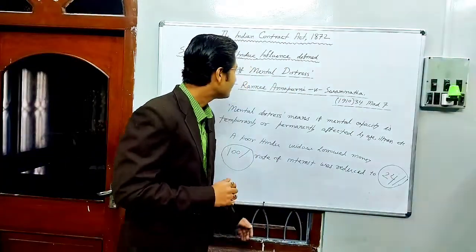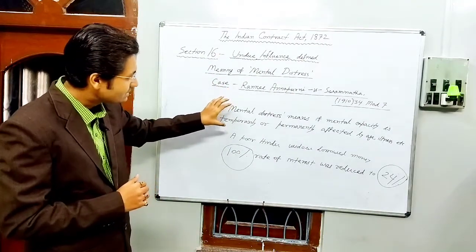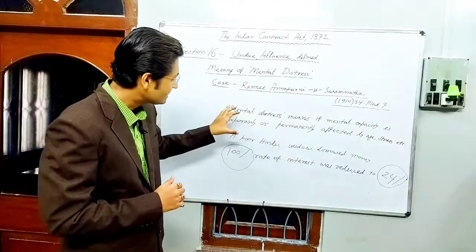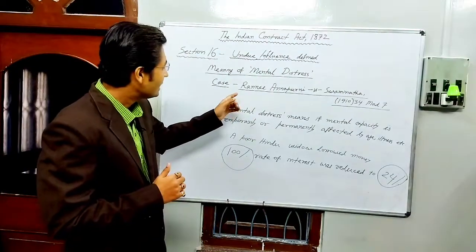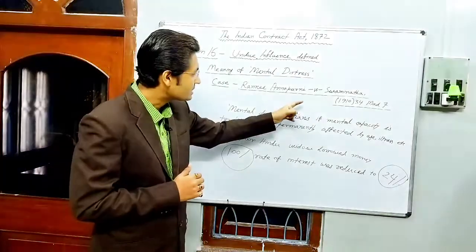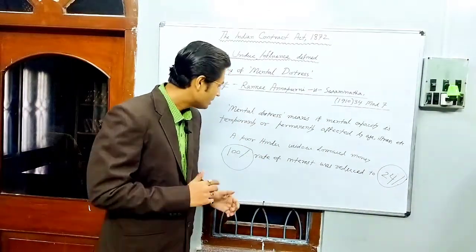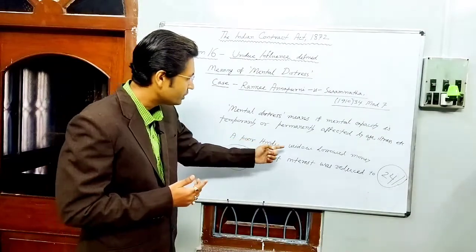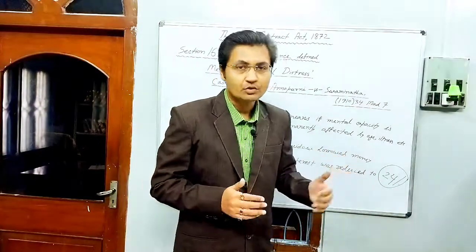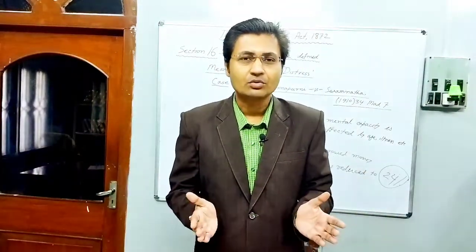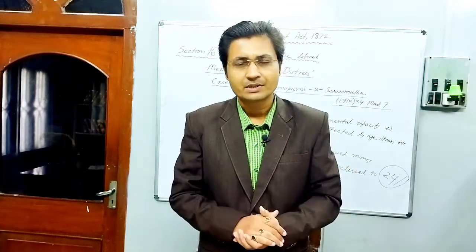So, that is the meaning of mental distress: if the mental capacity is either temporarily or permanently affected by reason of age, illness, etc. And in Ranni Annapurni versus Swaminathan, the Madras High Court decided that a poor Hindu widow borrowed money at 100% interest, but it was reduced to 24% because the court decided it was actually an exercise of undue influence.